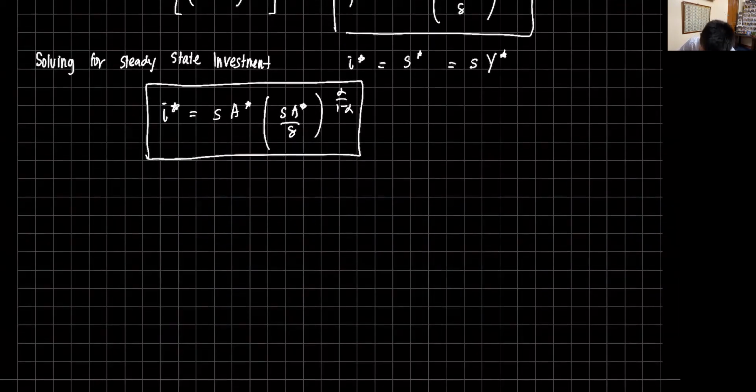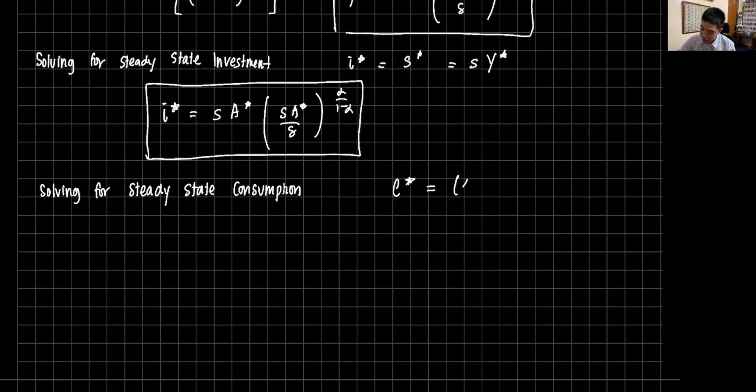Last, we can get steady state consumption. If you recall, again, C star is basically the proportion, which is 1 minus S, times Y star. Here at the steady state, of course, whatever we don't invest or save, we consume.